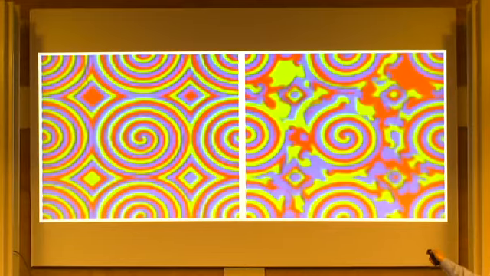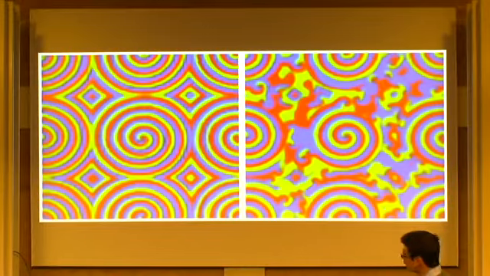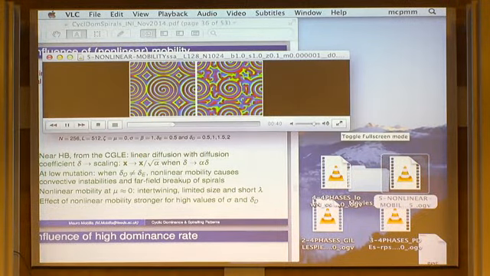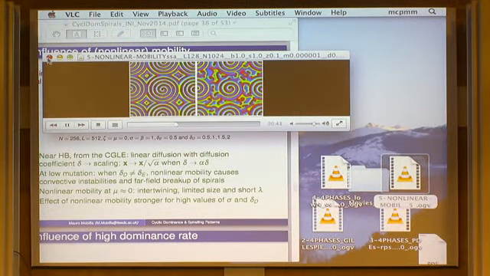Here it's nonlinear mobility, and all the parameters are the same. And you see that after some time, you have this far field breakup now occurring. So this is just to illustrate the effect of this nonlinear mobility.